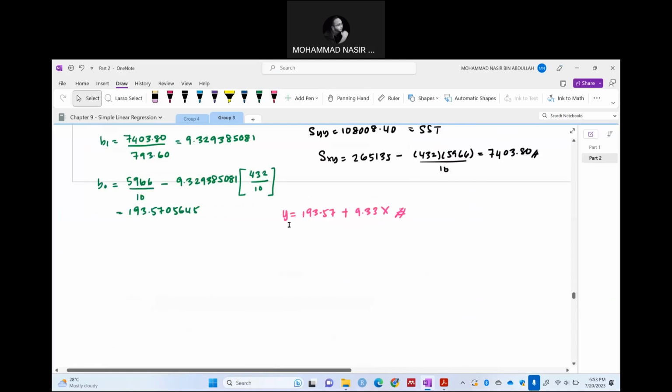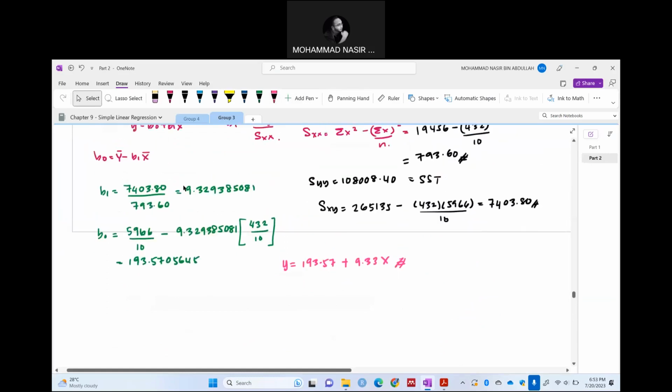Sometimes it says 3 decimal point, tapi kalau dia tak cakap, you take 2 decimal point is okay. But when you do calculation, take everything. So we want to get accurate value, right?